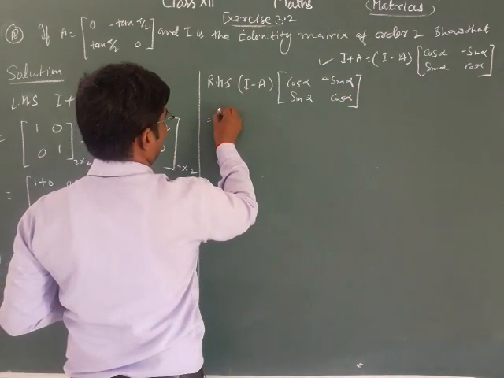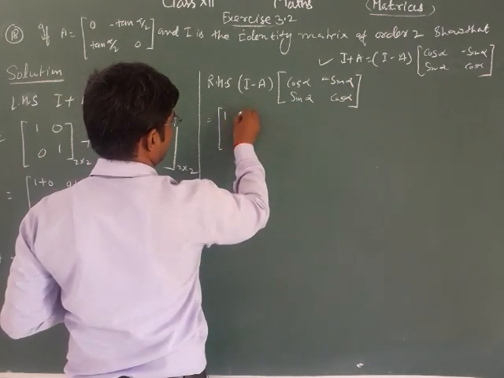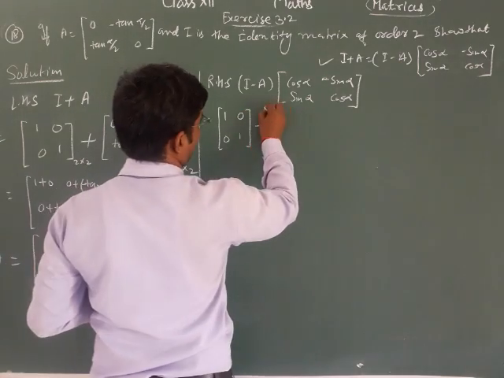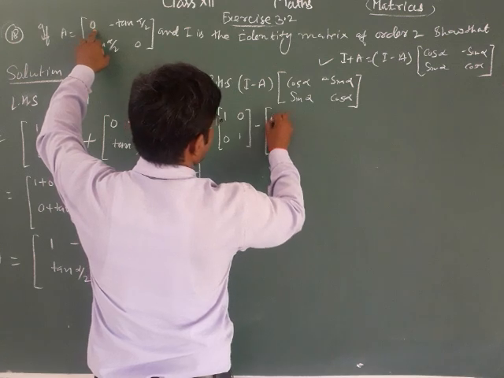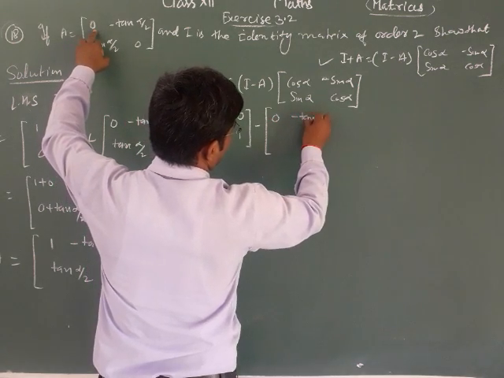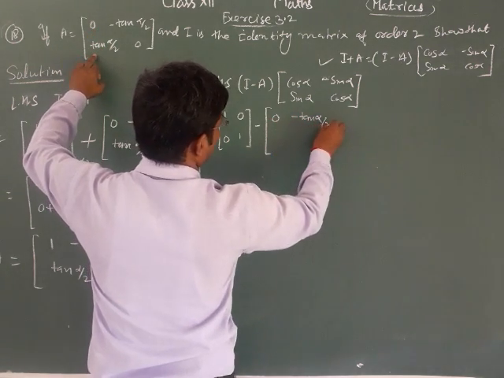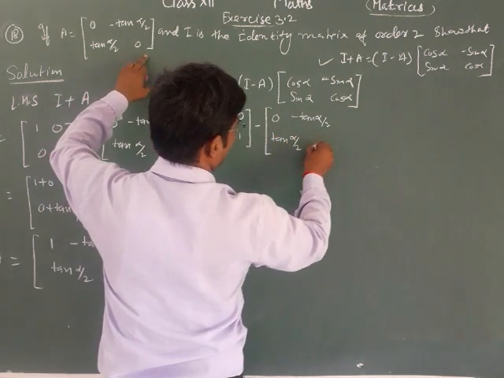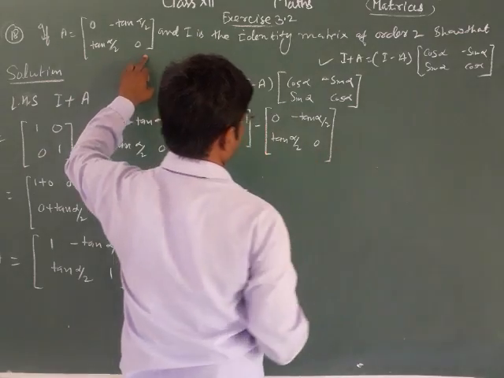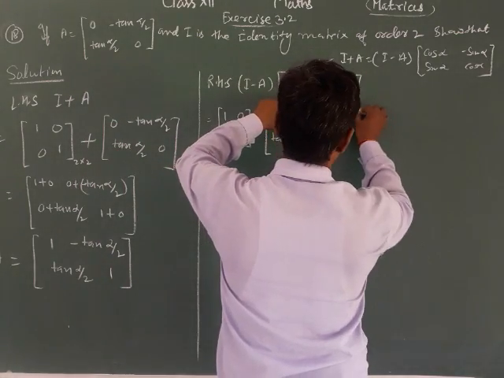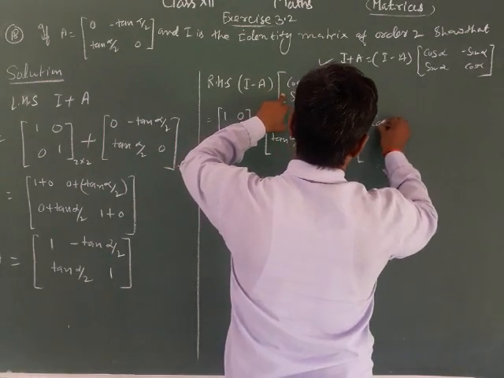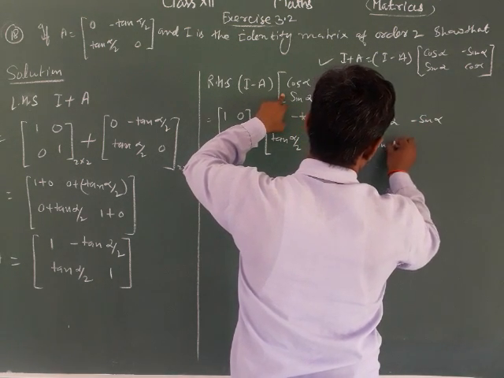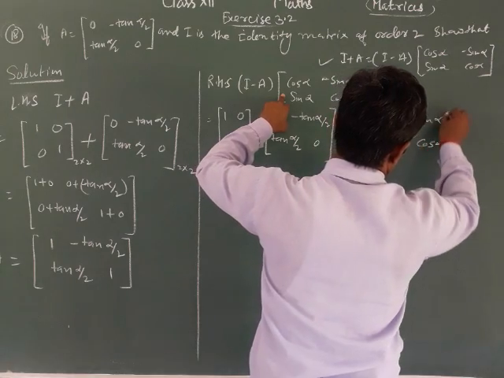So I for the identity is 1, 0, 0, 1, and minus A for the given matrix 0, minus tan alpha by 2, tan alpha by 2, and 0. And another matrix given, cos alpha, minus sin alpha, sin alpha, cos alpha.